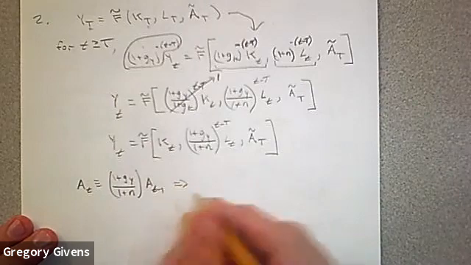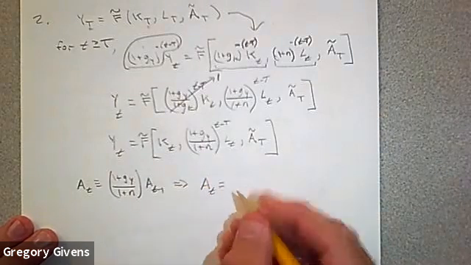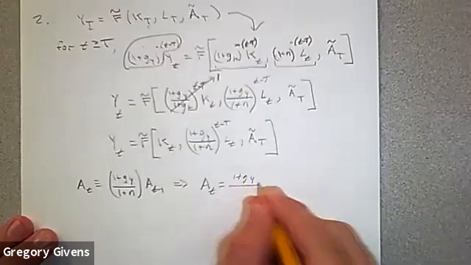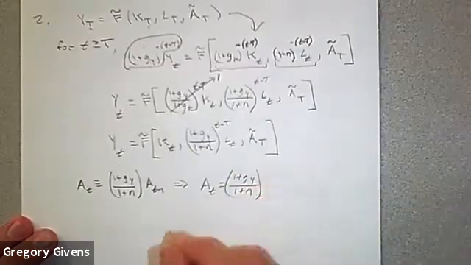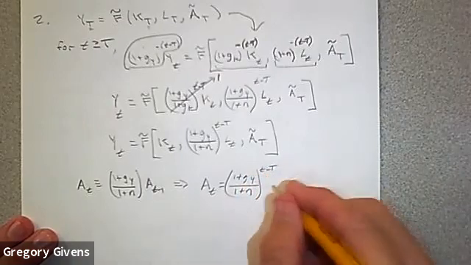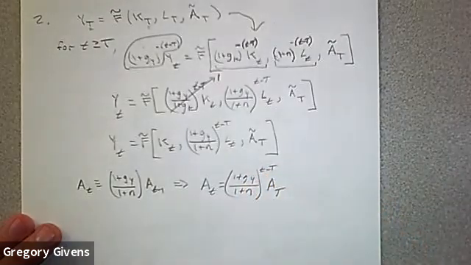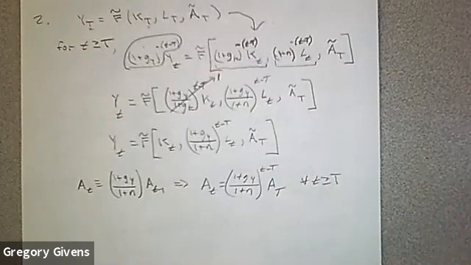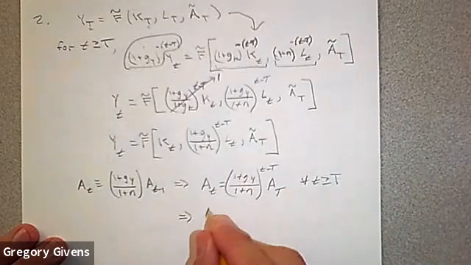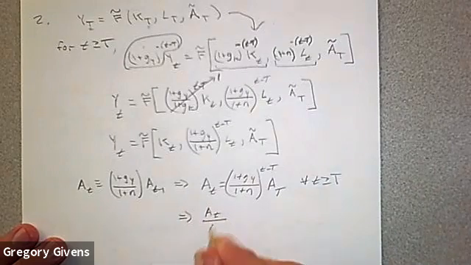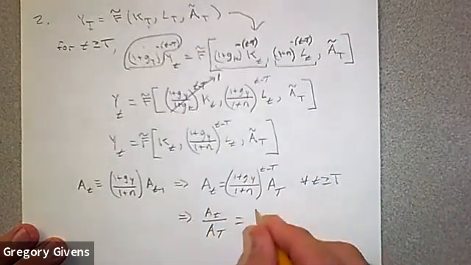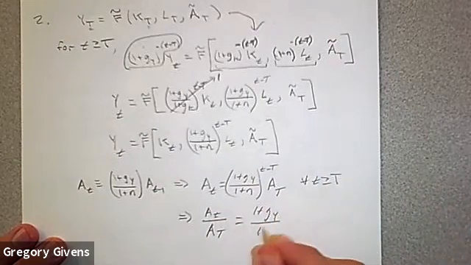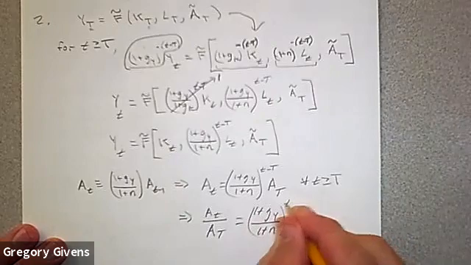Well, that implies then that A_t should be equal to (1 + gy) over (1 + n) raised to the t minus cap T times A_cap T. And that must be true for any t bigger than or equal to cap T. Therefore, A_t over A_cap T is just equal to (1 + gy) over (1 + n) raised to the t minus cap T.